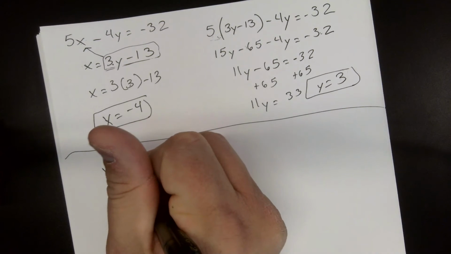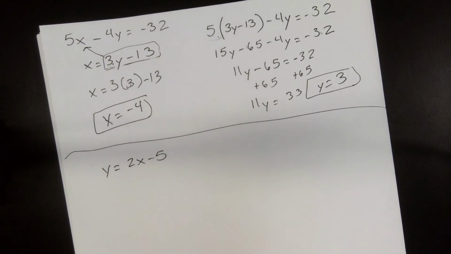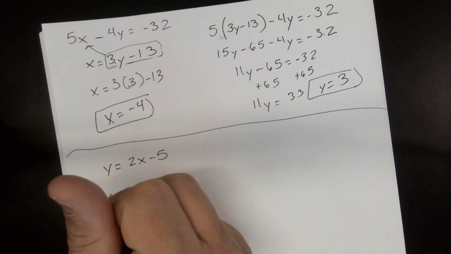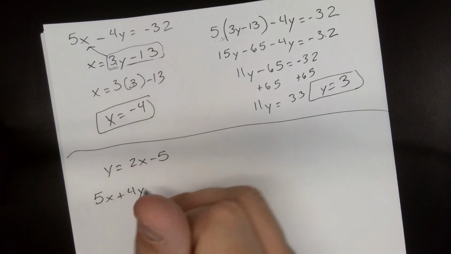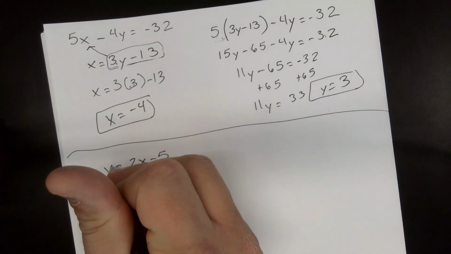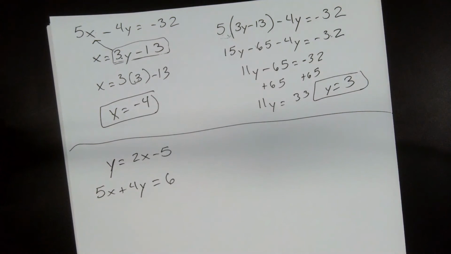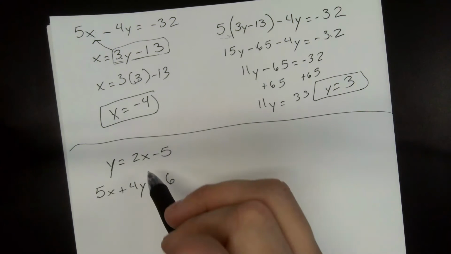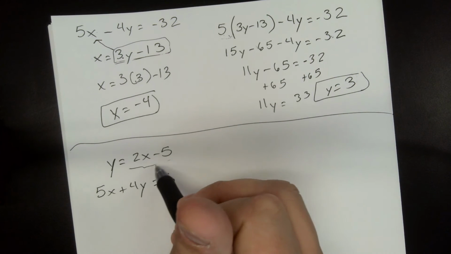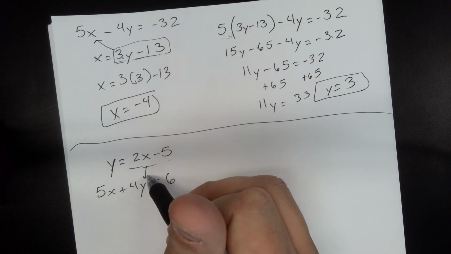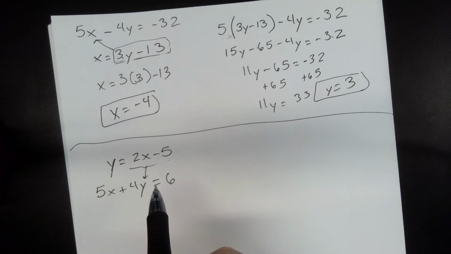y equals 2x minus 5. 5x plus 4y equals 6. Does one of the equations have a variable alone? Yes. Which variable is it? So we're going to grab this 2x minus 5 and we're going to plug it into y in the other equation.